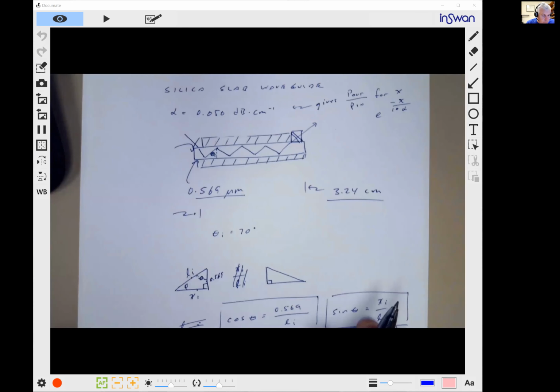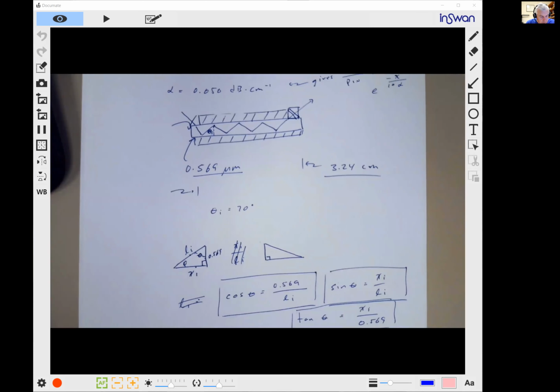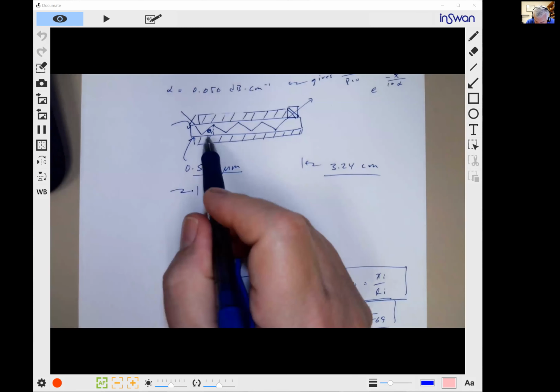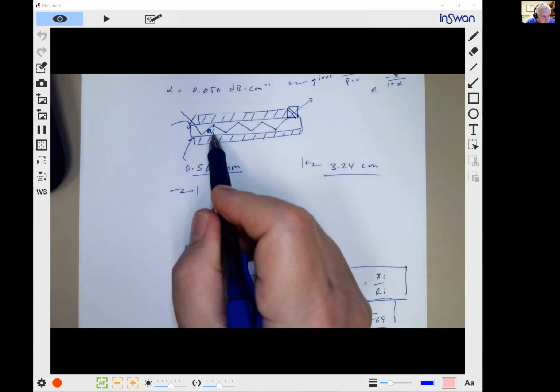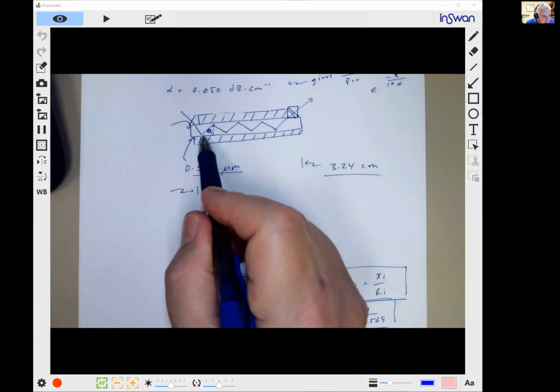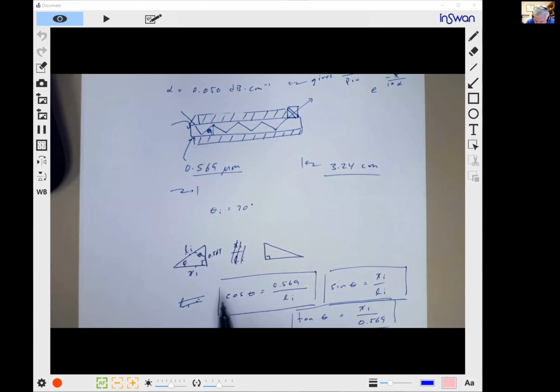So you have to look at the little triangle that's created here, and that triangle has this angle theta up in the corner.